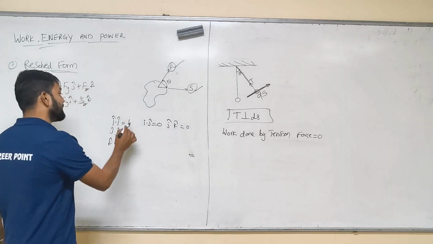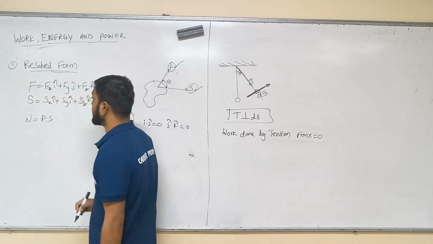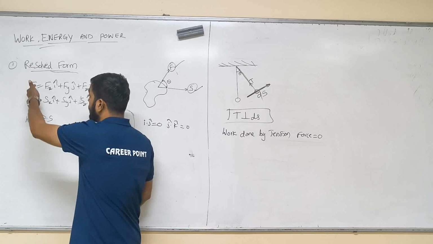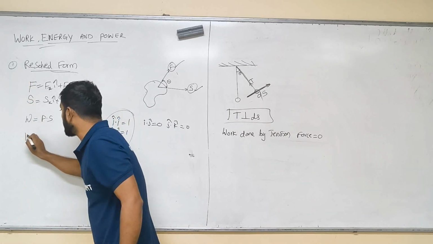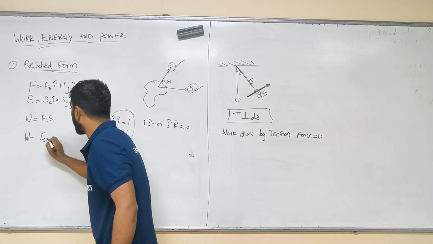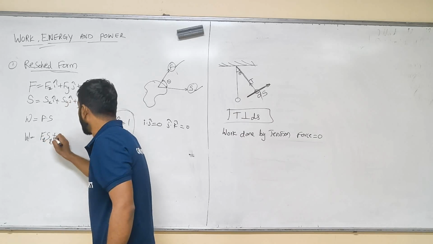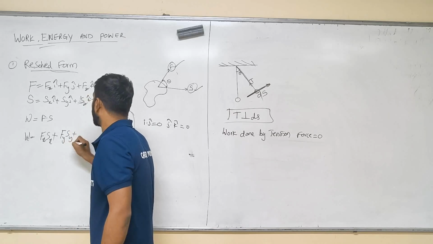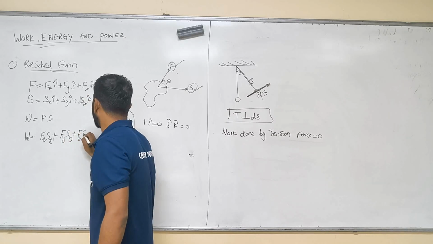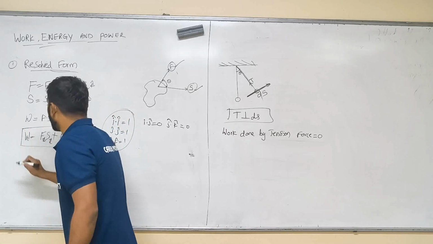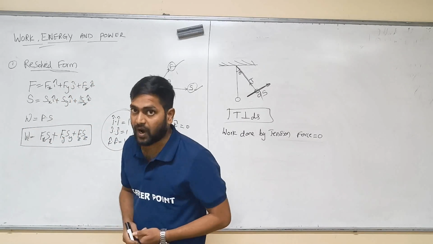So the work done W is equal to F dot S, that will be equal to Fx Sx plus Fy Sy plus Fz Sz. So this is the work done in the resolved form.